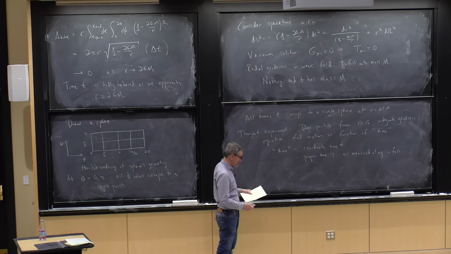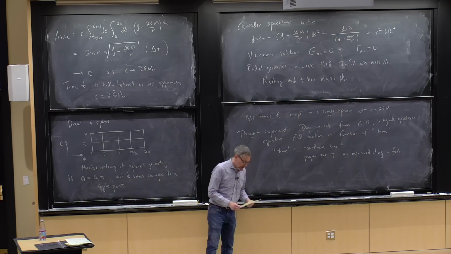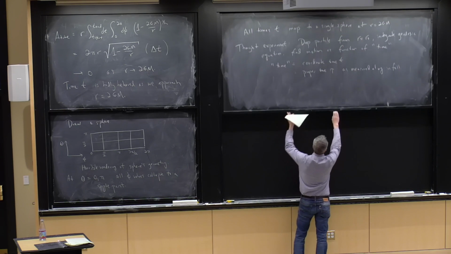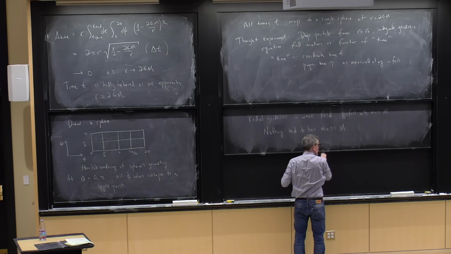So I'm not going to go through the details of this calculation. It's a straightforward, moderately tedious exercise. I would just quote to you what the result ends up looking like.